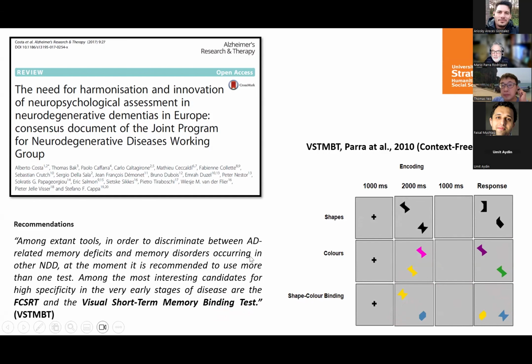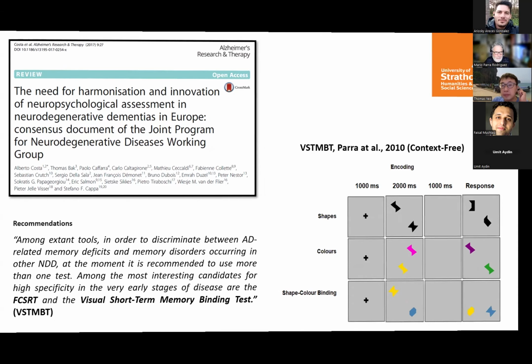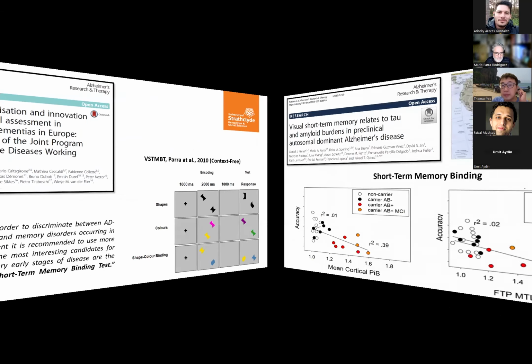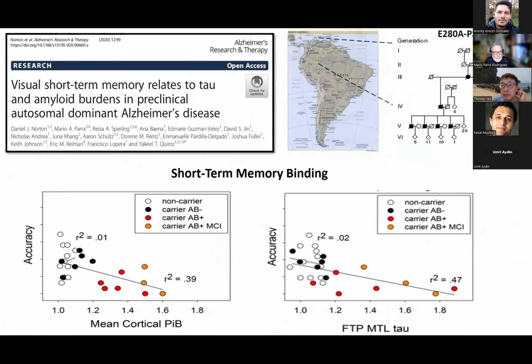Because in addition to being sensitive to Alzheimer's disease, it has also proved to be specific for this particular type of dementia. In this study, for example, in collaboration with the group of Antioquia in Colombia, Professor Francisco Lopera and Dr.